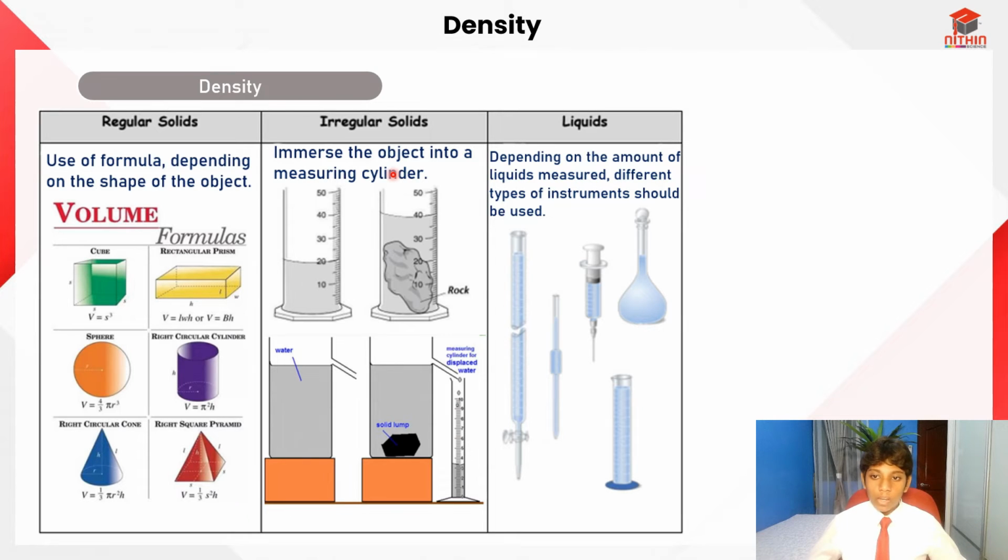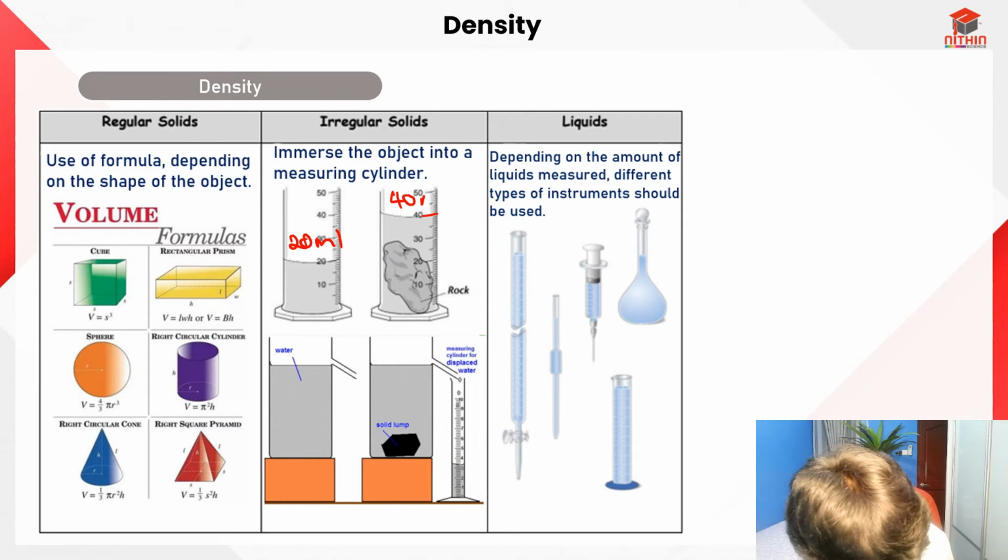And for irregular solids, this is basically a measuring cylinder. An irregular solid could be like a rock. We want to measure the volume of a rock. First we fill up the measuring cylinder to 20 ml. When we put the rock in, the reading goes from 20 ml to 40 ml.